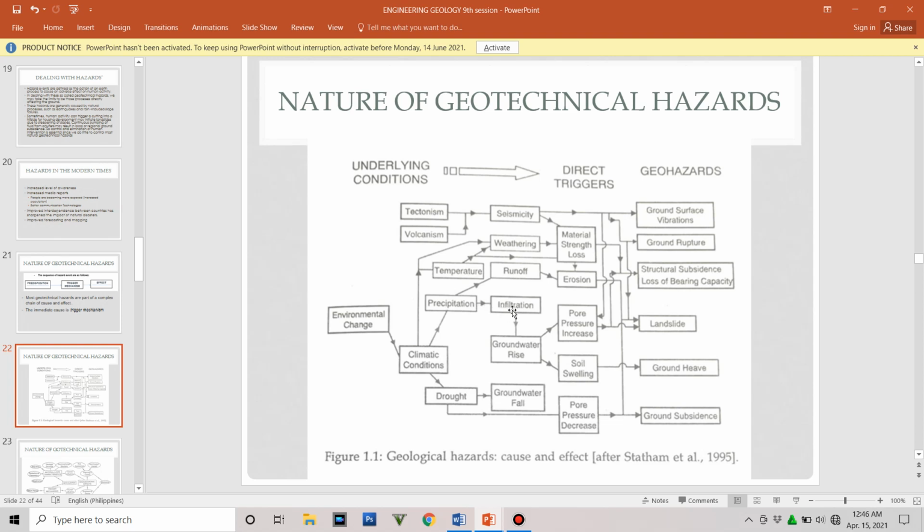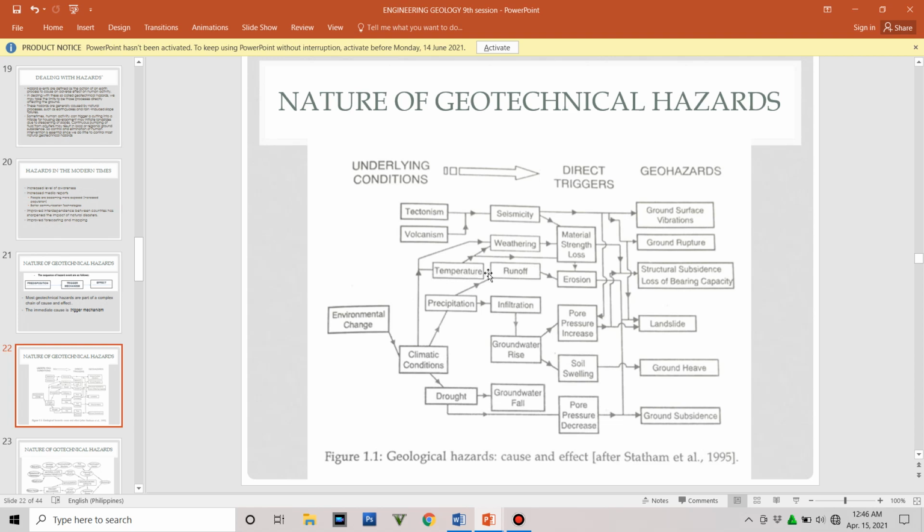And then, it will have an infiltration. Of course, a groundwater rise will cause soil swelling and pore water pressure. And then from precipitation, it will also cause surface runoff that will cause erosion that will trigger a landslide.